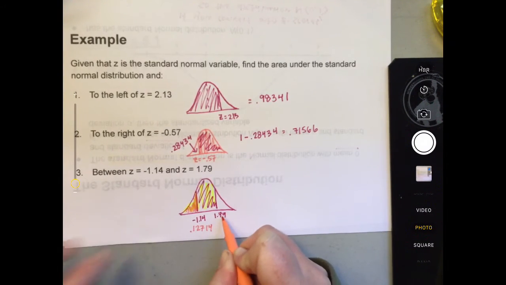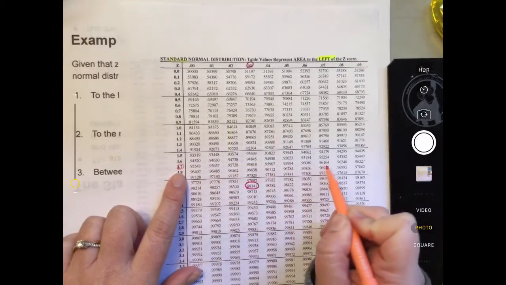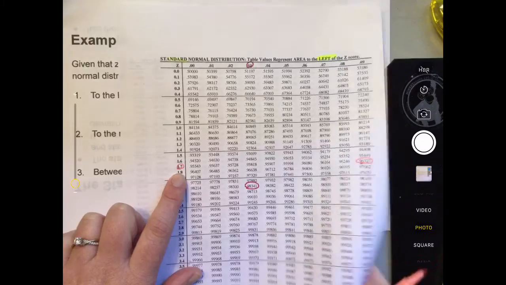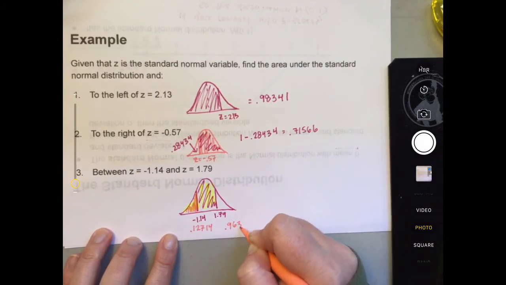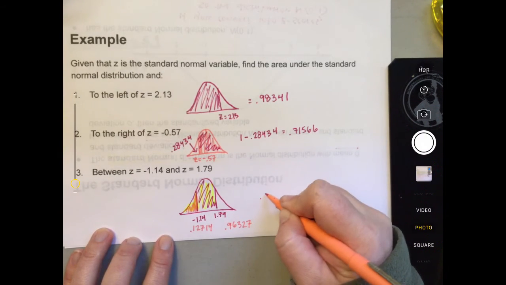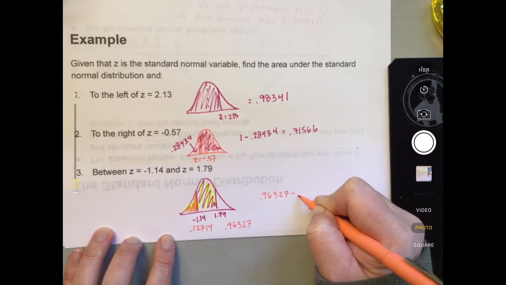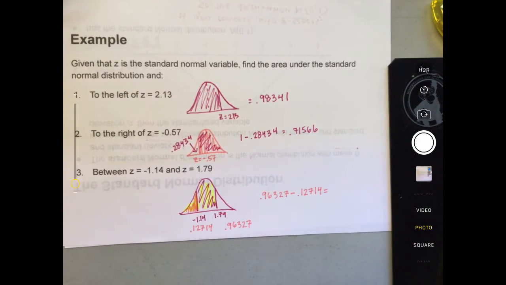Now let's find the area to the left of 1.79. 1.7 and go all the way over to 0.9. We get that that area is 0.96327, and then we just have to subtract the two. Always subtract the smaller number from the larger number because we would never have a negative area. When I do that, let's see what I get.